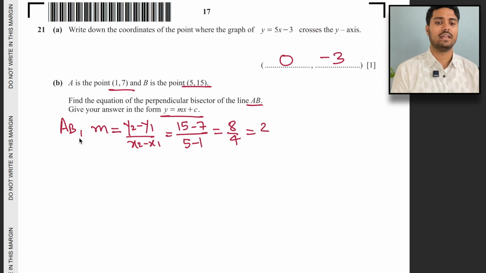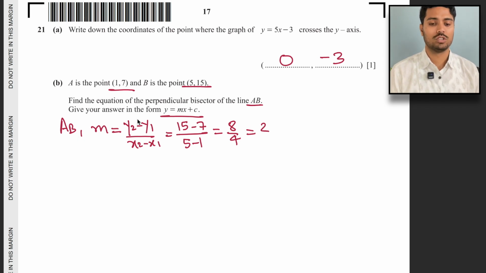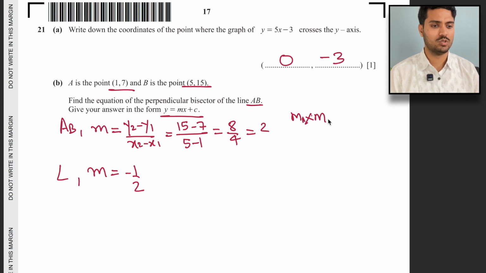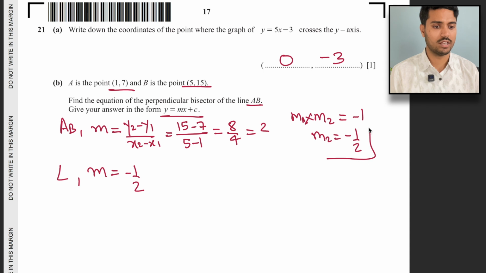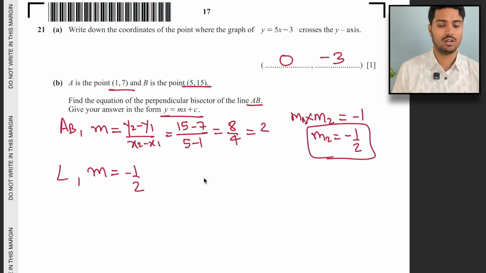If the gradient of line AB is 2, then the gradient of the perpendicular bisector, let's say that's line L, is going to be minus 1 upon 2, because m1 into m2 is equal to negative 1. m1 is 2, so m2 is going to be minus 1 upon 2. That's how we get the gradient of the perpendicular line.